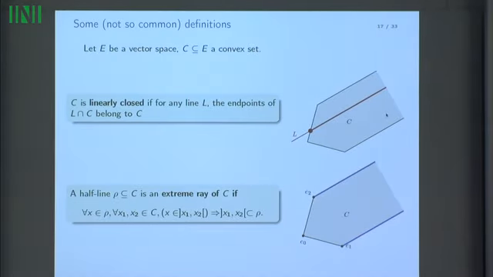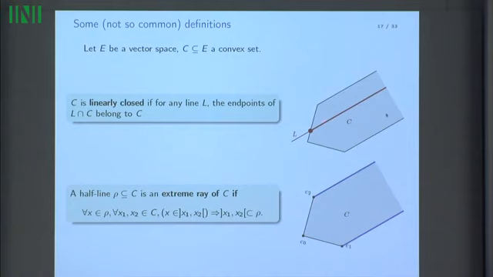So I just need some definitions to state their result. So I will consider a vector space E and a convex set C. I will say that C is linearly closed if for any line L, the endpoints of the intersection of the line with the convex set belong to C. So here this is the case.